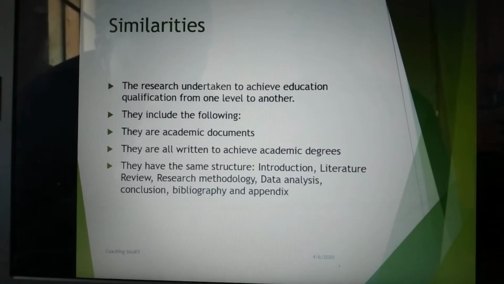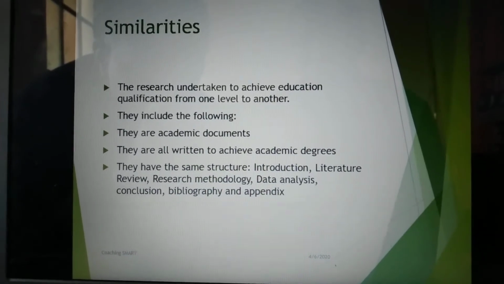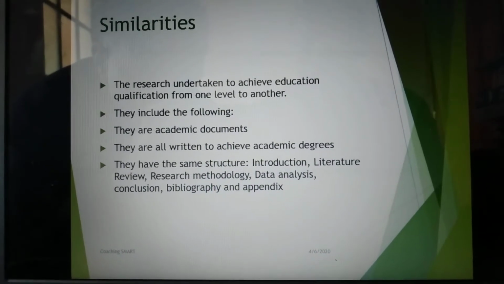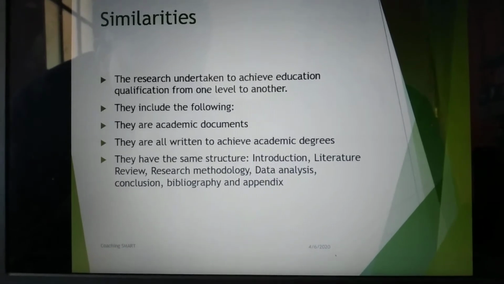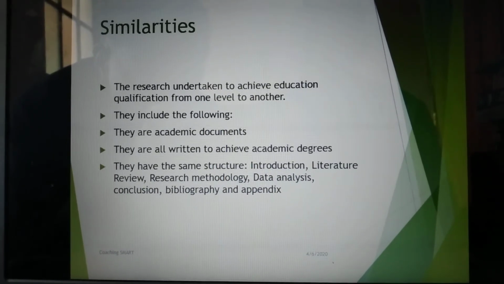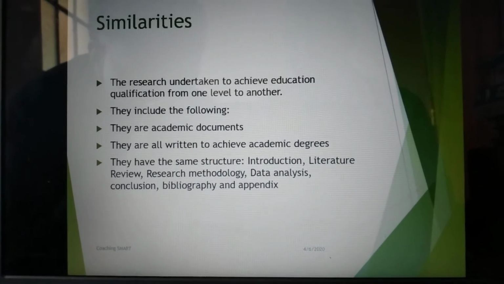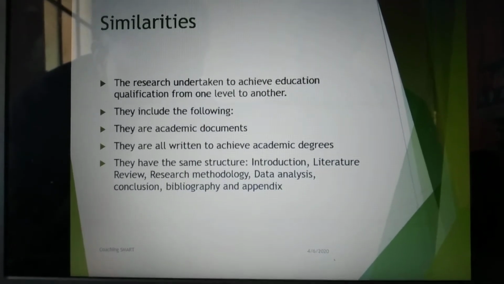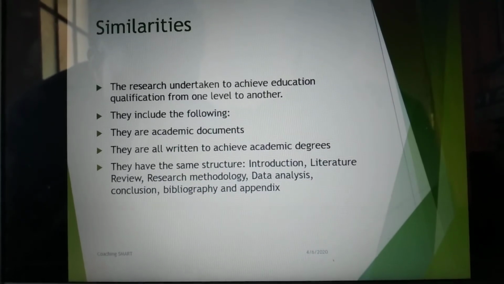In other words, there's introduction, there's literature review, there is research methodology, data analysis, conclusion, bibliography, which is normally reference, then appendix. So these are the critical components in the structure of a research. All have the same structure.